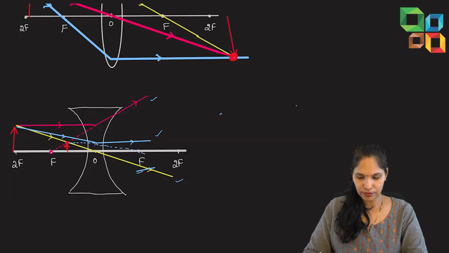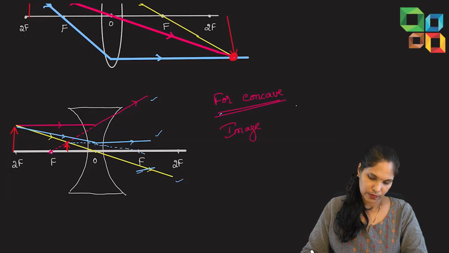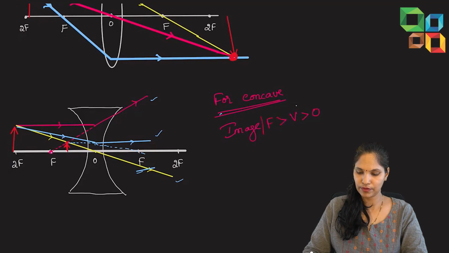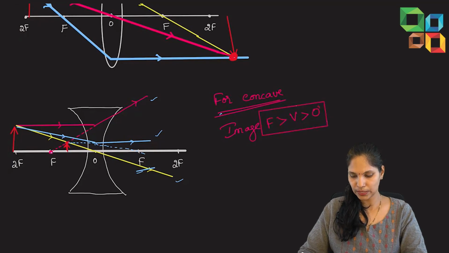So for concave, the image is always between greater than O, but within F, less than F. O means optic center here.